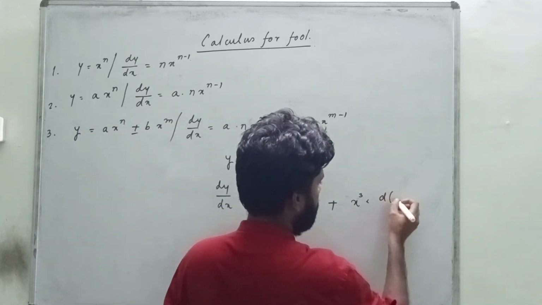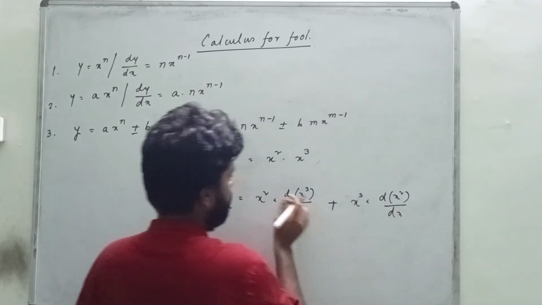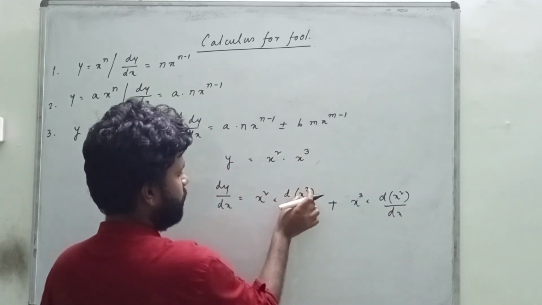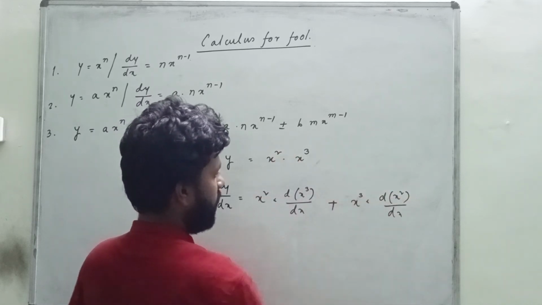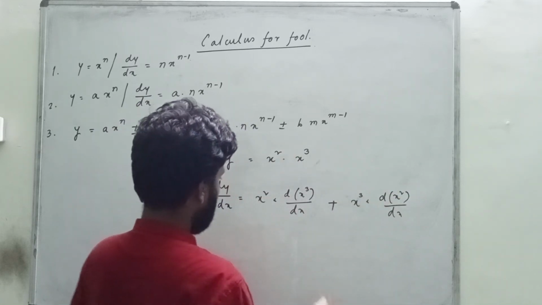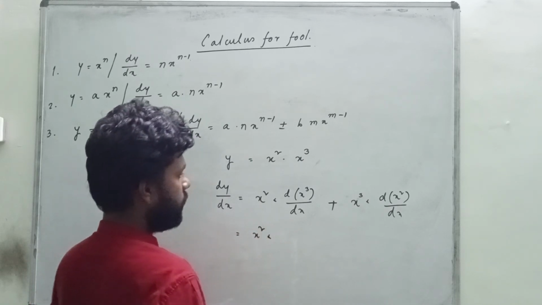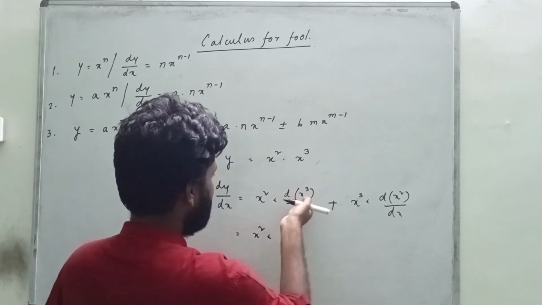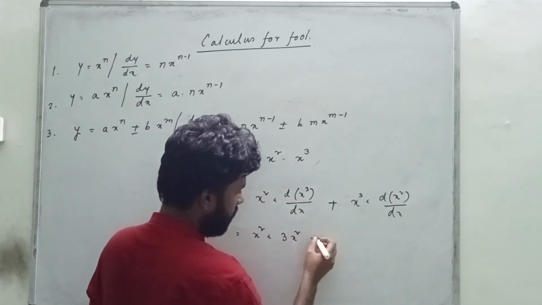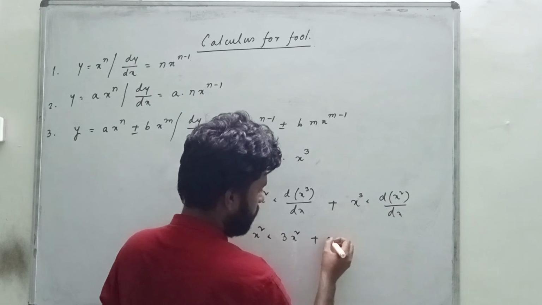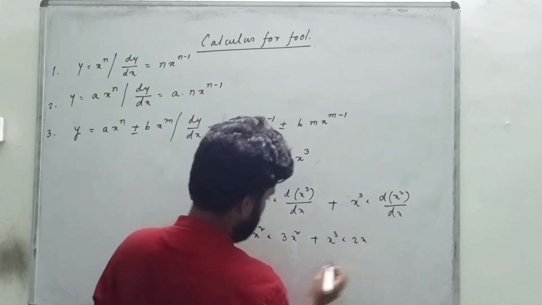So d of x squared by dx, right? Here y means x cube, and here y means x squared, right? Okay. So how does it go? x cube into, it's very simple. It becomes 3x squared, plus x cube into 2x, right?